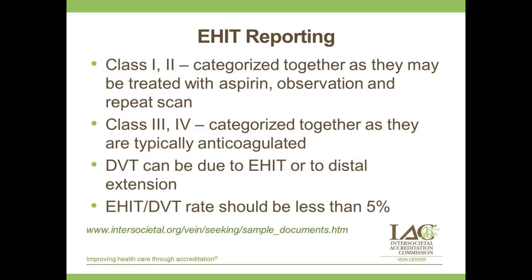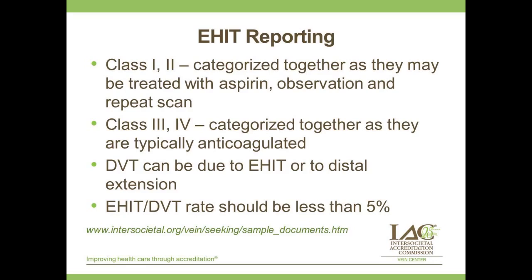When we report EHIT, many groups commonly group Class 1 and 2 and Class 3 and 4 together. Class 1 and 2 are categorized together as they may be treated with aspirin, observation, and repeat scanning to make sure that the patient does not worsen. Class 3 and 4 EHIT really mandate anticoagulation until the thrombus resolves or until 3 months have passed, whichever seems most clinically appropriate.